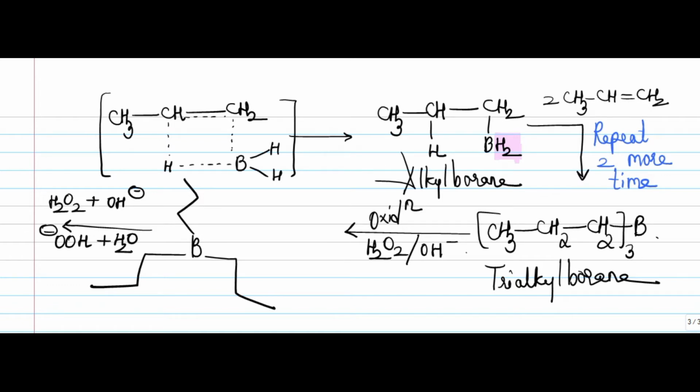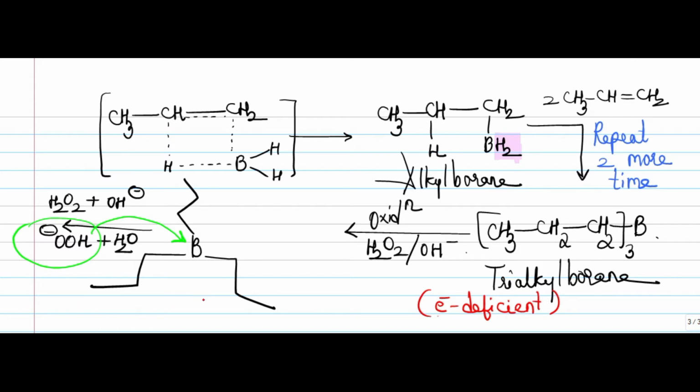Now this OOH minus which is formed enters into the empty 2p orbital of boron, because trialkyl borane is electron deficient, as the octet of boron is not completed.